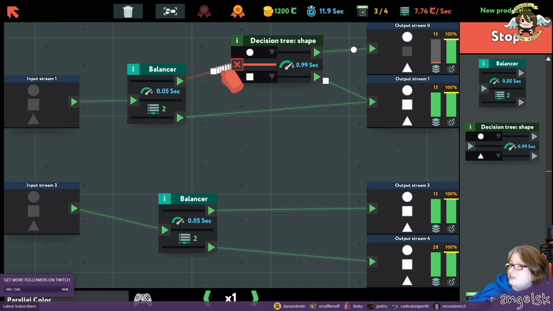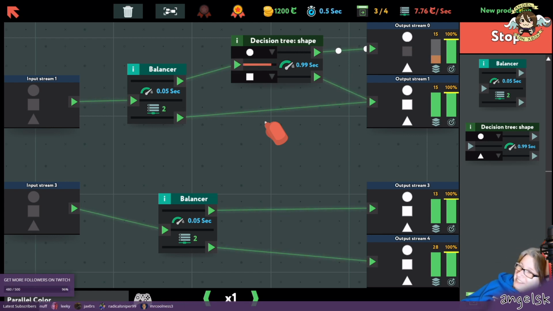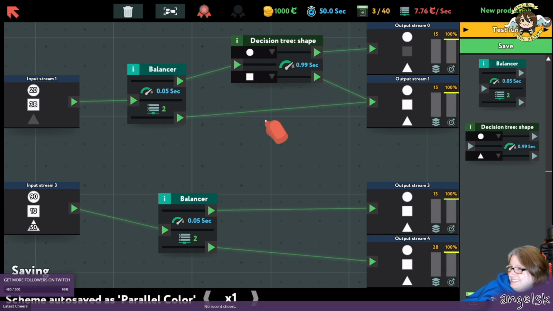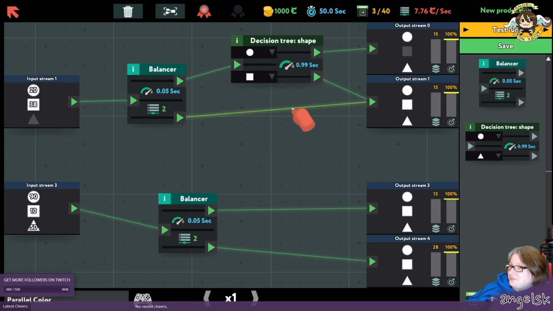Oh, this queue is interesting. I found a bottleneck. Right, let's not do that.